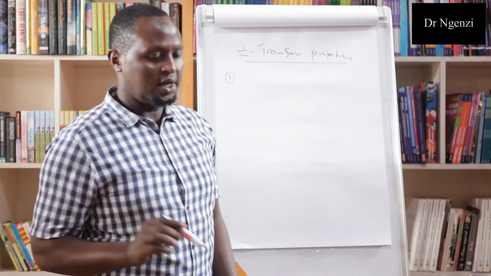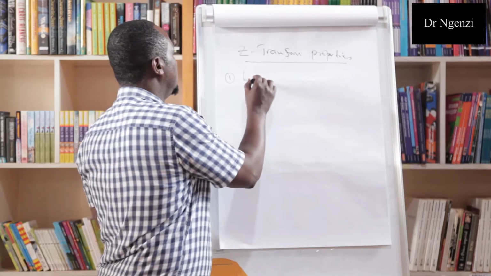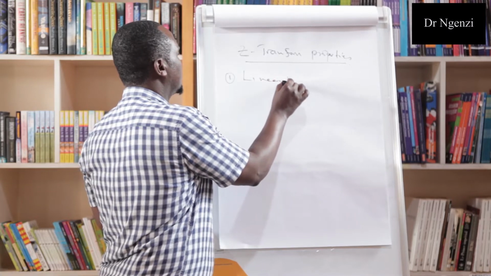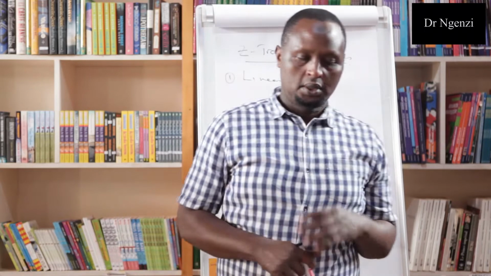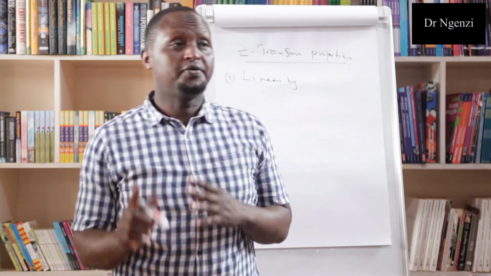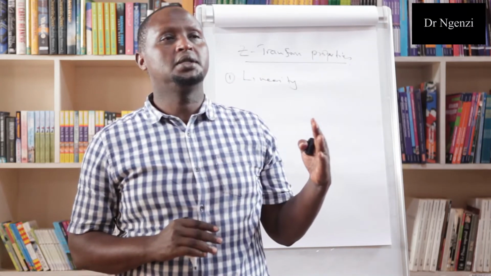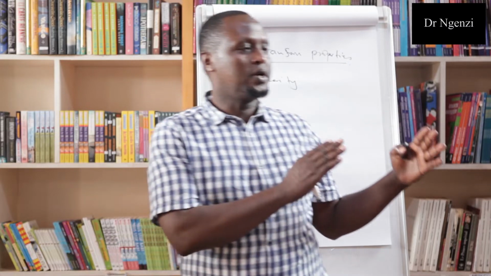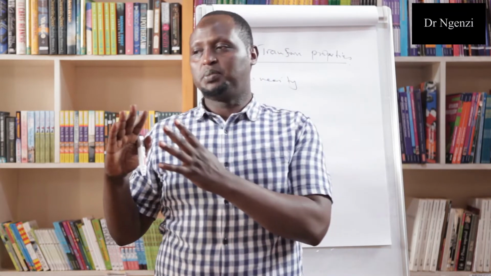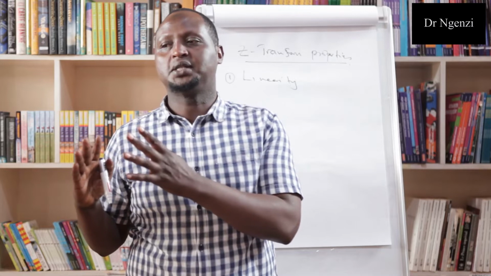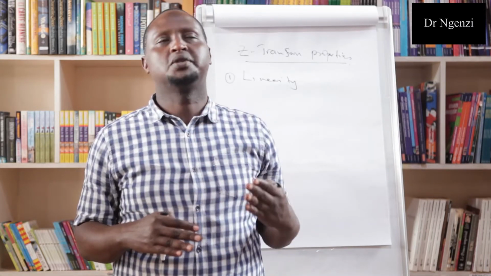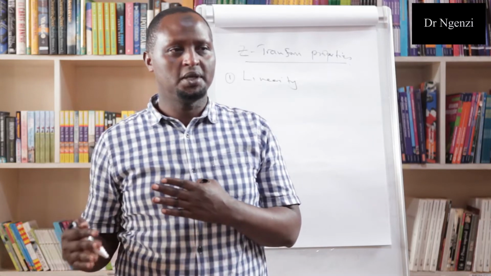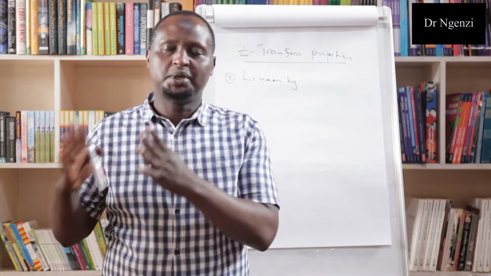Number one is linearity. In the case of linearity, what is done on the left-hand side is going to be the same, but converted into its correspondence. For example, from discrete values to their corresponding frequency domain.